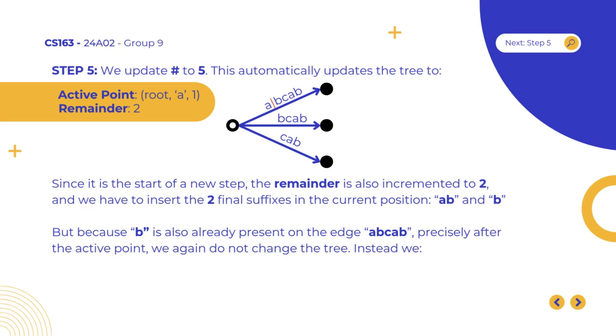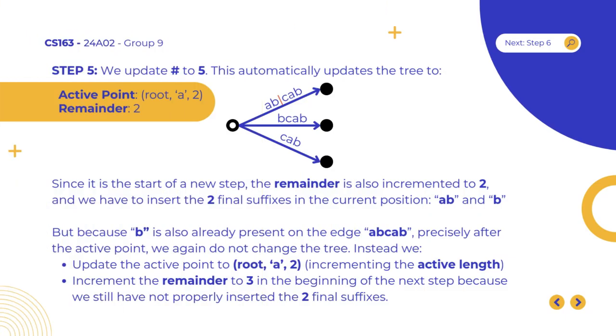We have to add AB and B at the current position. We realize that B, which we need to add at the active point right now, is already there next to the active point. So again, we do not change the tree.